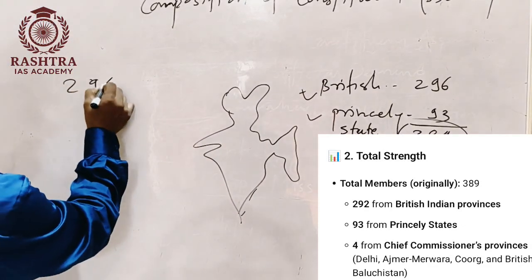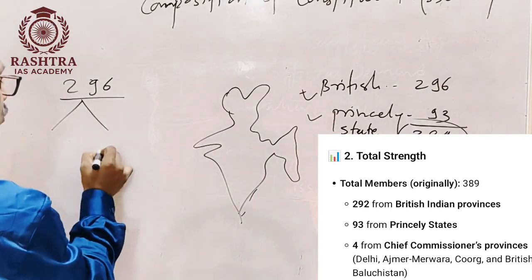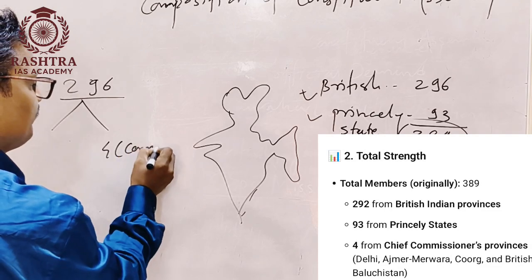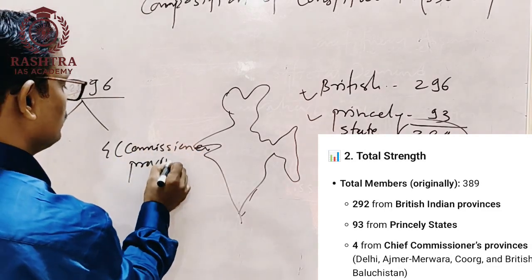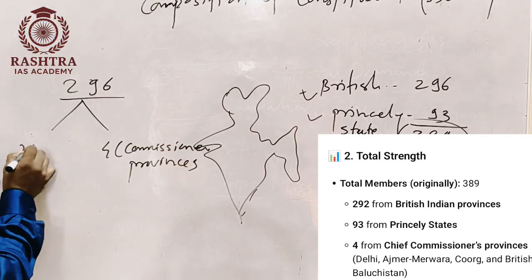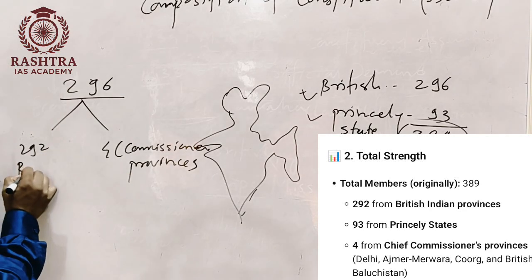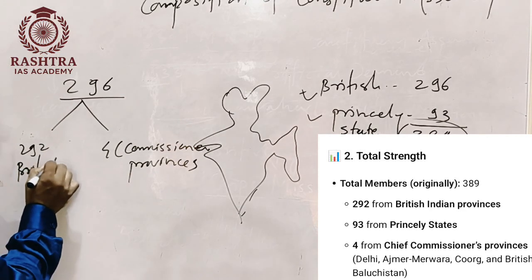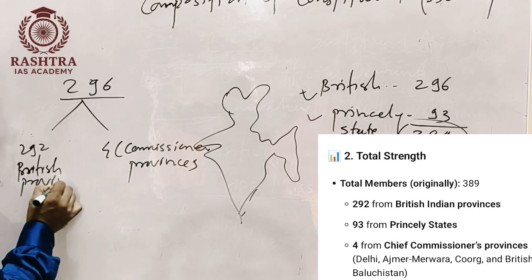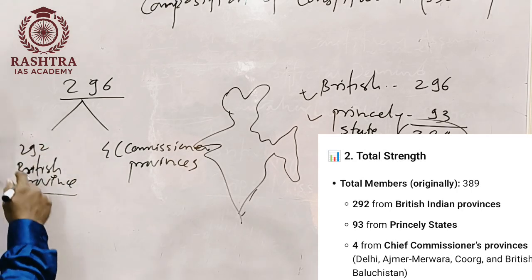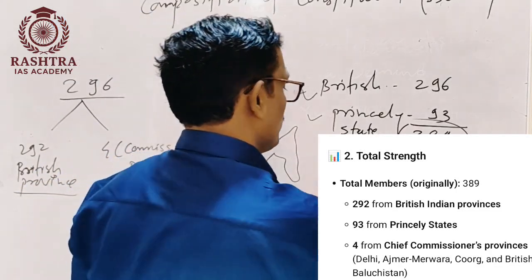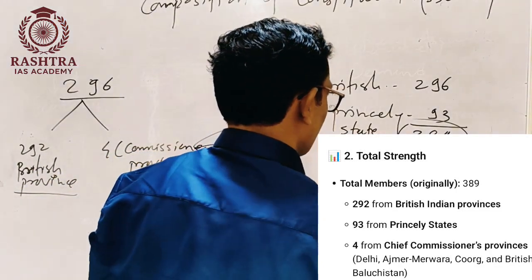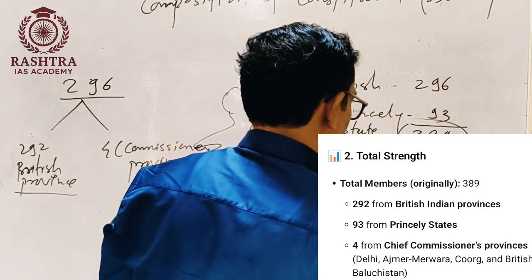Out of the 296, 4 were from the commissioner regions or commissioner provinces, and 292 from the British provinces. This is the elaboration of the 296, and 93 were nominated from the kings.